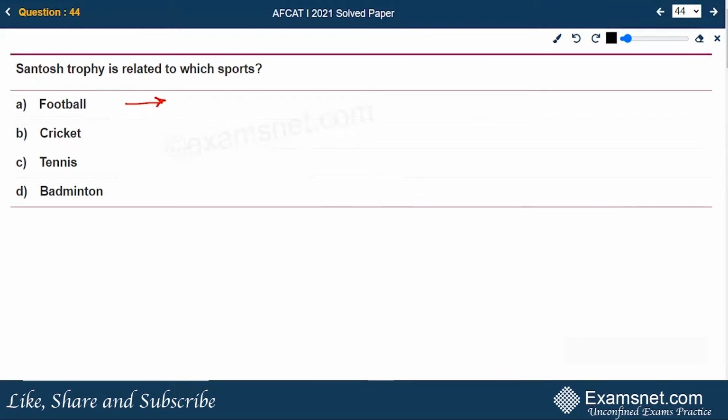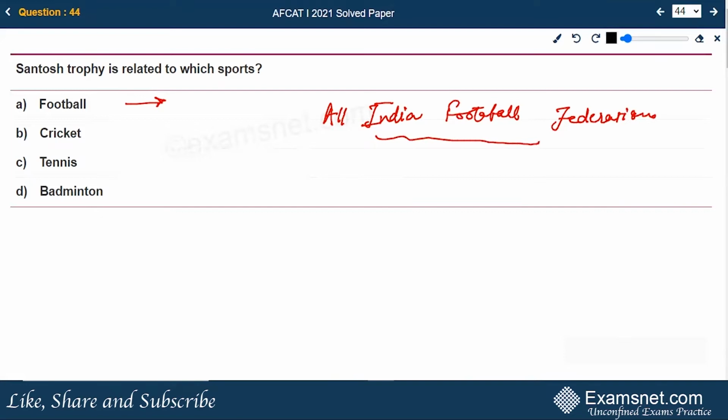This trophy is an association football knockout competition contested by the original state associations and government institutions under the All India Football Federation, the sports governing body in India. The Services lifted the Santosh Trophy 2020 by defeating Punjab by 1-0 in the final at Ludhiana. So the answer to this question is option A.